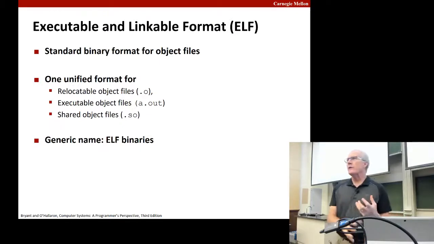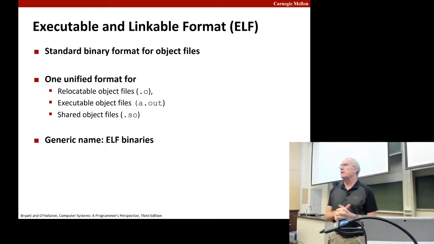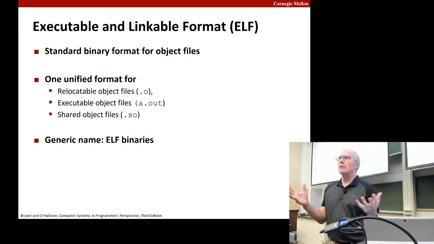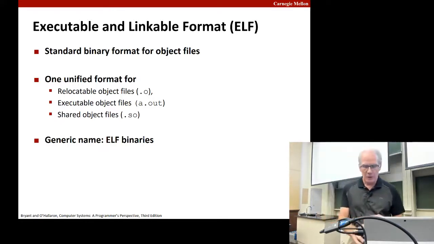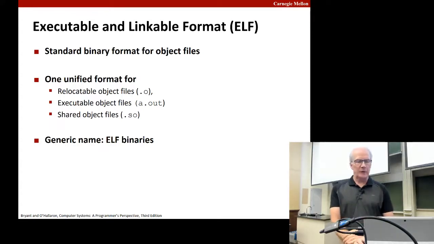And so all these are represented in a common format called ELF, which is a standard that isn't just for x86; it's across any Linux style of machine. So you'll see that term, ELF binaries.